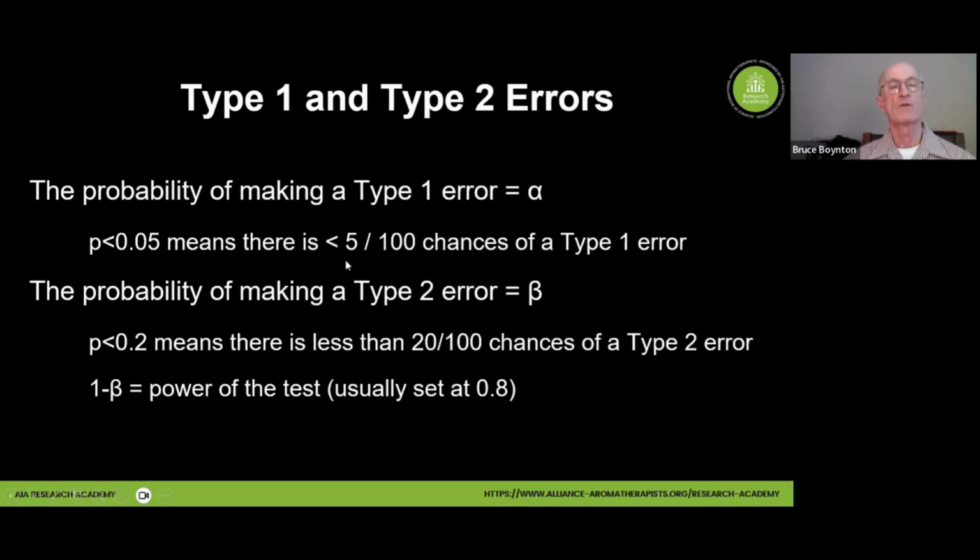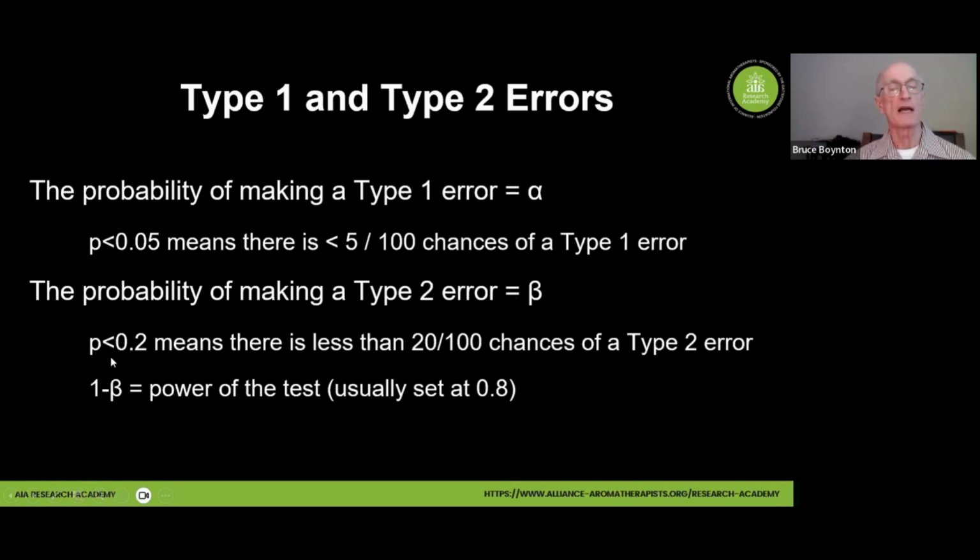It means there was less than 5 chances in 100 of making a type 1 error. Now, what's in fewer articles is the probability of making a type 2 error, which is beta. So alpha is usually set at about 0.05.